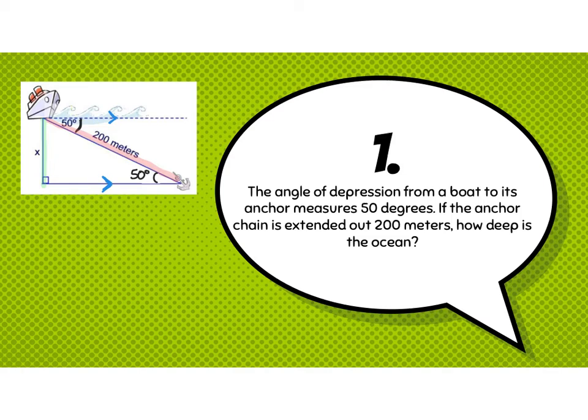Let's stop here for a moment and remember SOHCAHTOA. As I'm looking, I see I have an angle measure and I have two side lengths. I have the opposite and the hypotenuse. As I look at SOHCAHTOA, I remember, and I can see SOH is for sine.